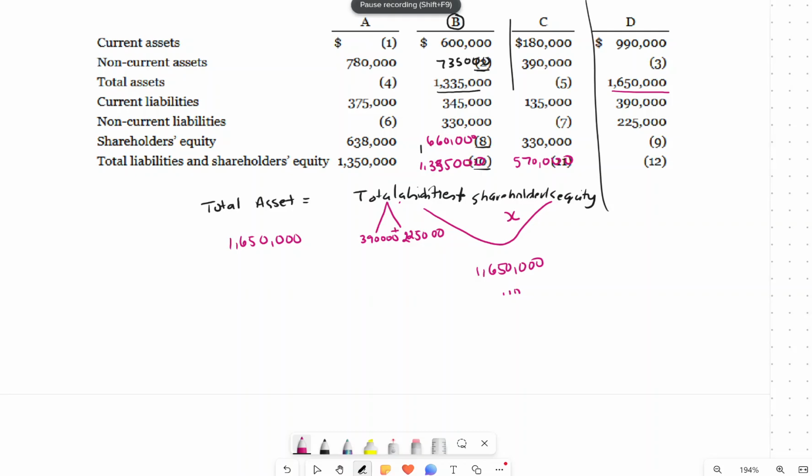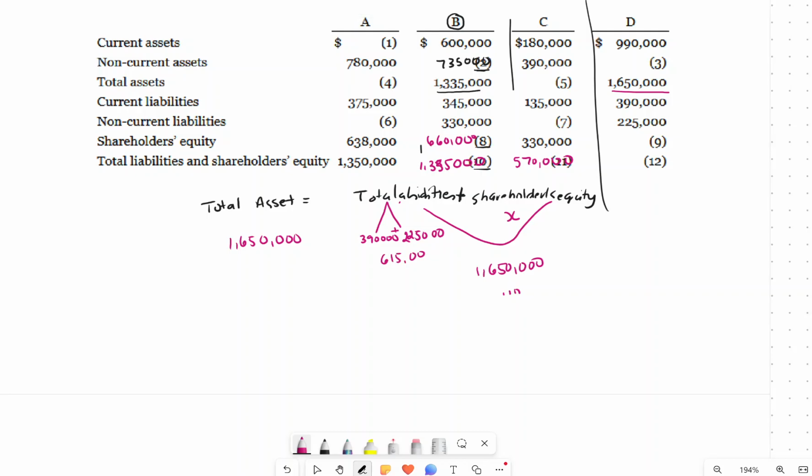If I add these two numbers, I will get my total liabilities. I'm going to get my calculator. Next time I'm going to have my normal calculator instead of my phone. 390,000 plus your 225 gives me 615,000.